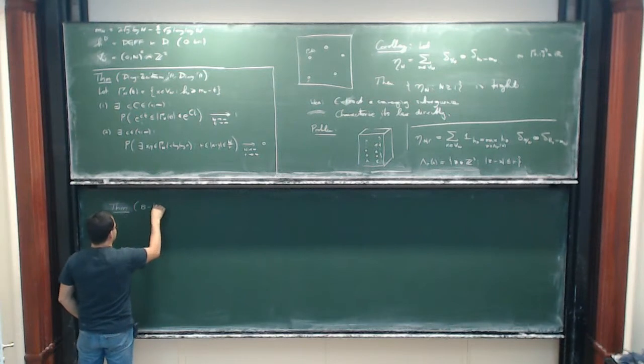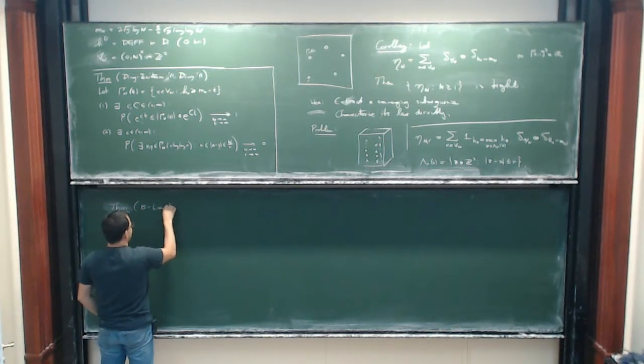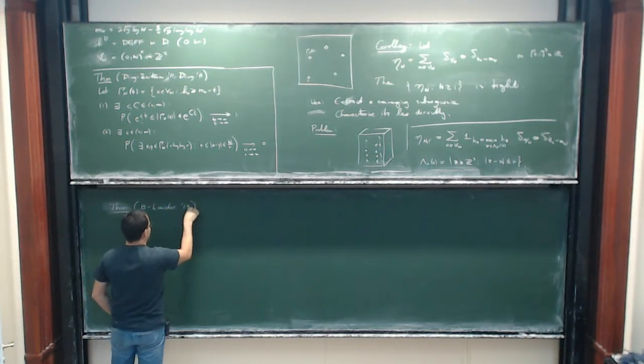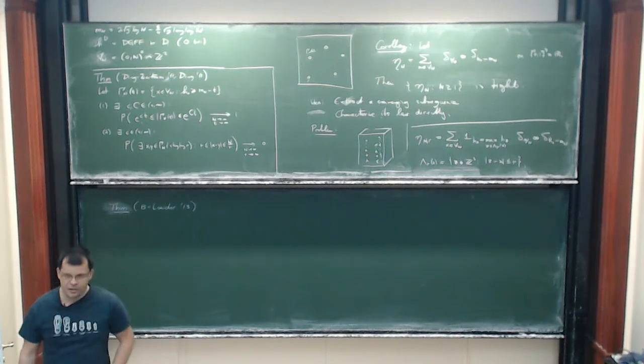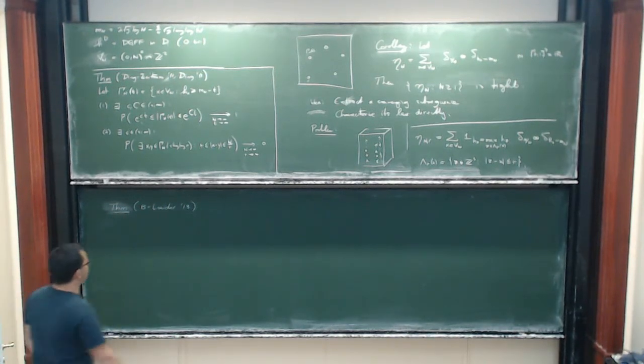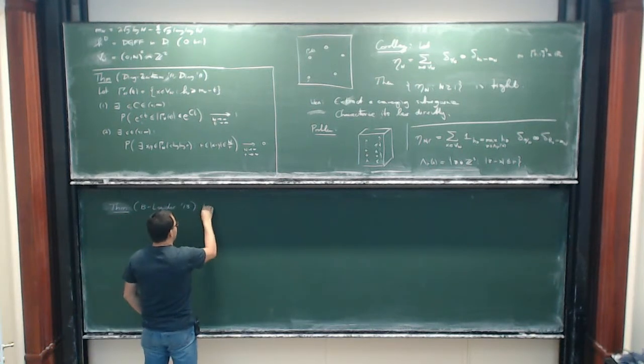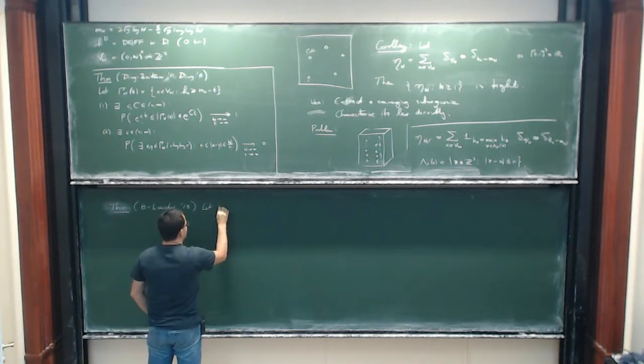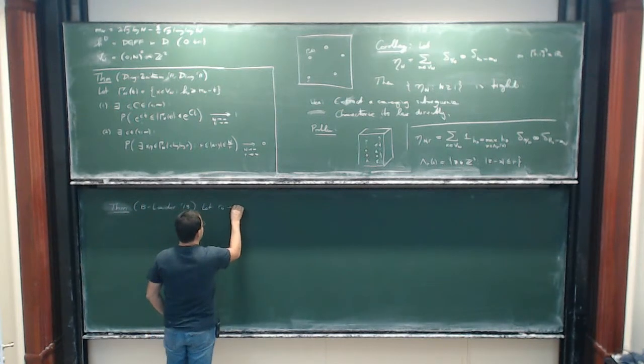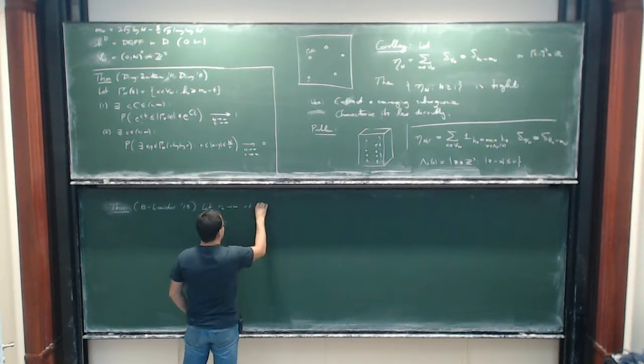So let's see if I can fix Oren's name in here. So, the theorem is that, let R_n go to infinity such that n over R_n goes to infinity.